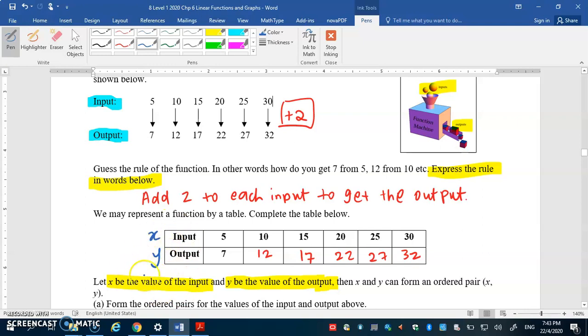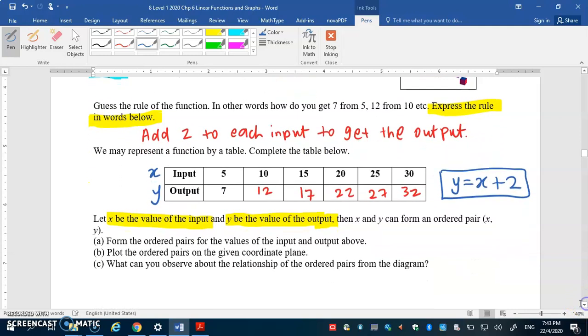How can I form an equation with x and y such that I can describe this table over here? Basically, you realize that every output is gotten by adding 2 to each input. So simply, mathematically, the equation will be y equals x plus 2. And this is how I describe the function over here.